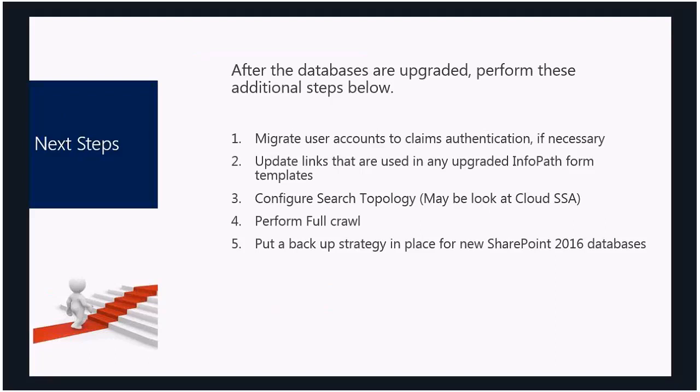And also for the database attach upgrade, probably we exported and imported all the InfoPath form templates in your environment when you created the new environment. So after you upgrade, you can now upgrade the links that are used in those upgraded form templates to point to the correct URL by using PowerShell. So those are some things you need to take care of.